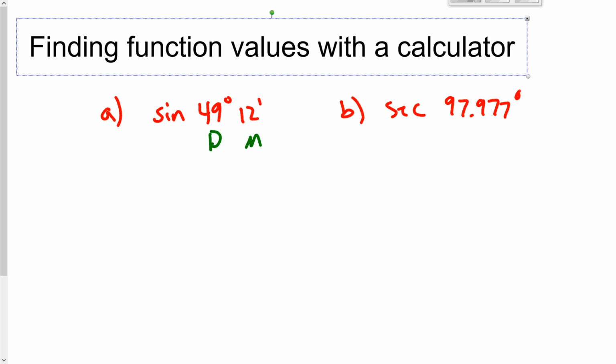So we take the minutes and divide by 60, which you could reduce by 12. That'd be 1 over 5, and 1 over 5 is 0.2. On a calculator it's 0.2, so then we can add our 49.